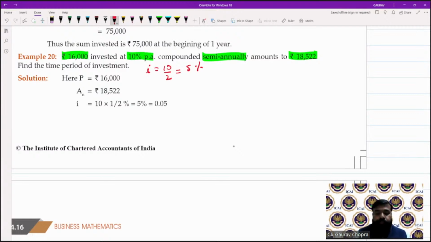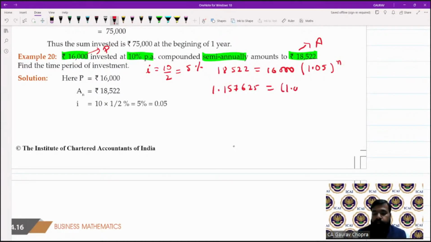Time we don't know. So principal is there and amount is also there. So 18,522 equal to 16,000, then 1 plus I, so 1.05 to the power of n. So let's divide, and see how much we are getting. 1.157625, and here 1.05 to the power of n.